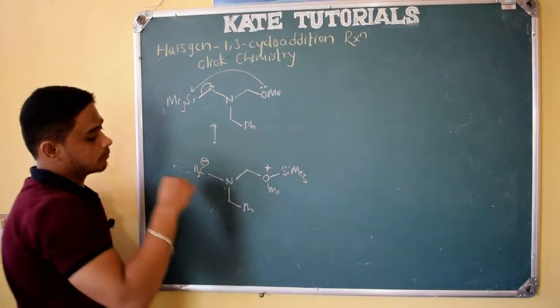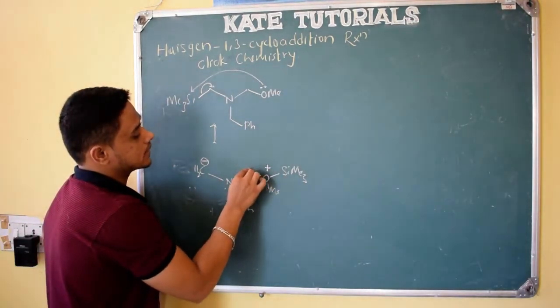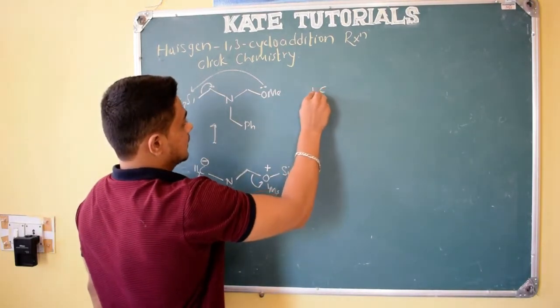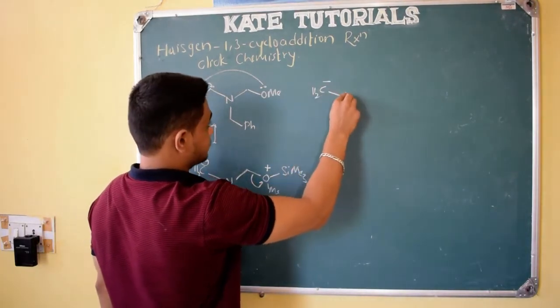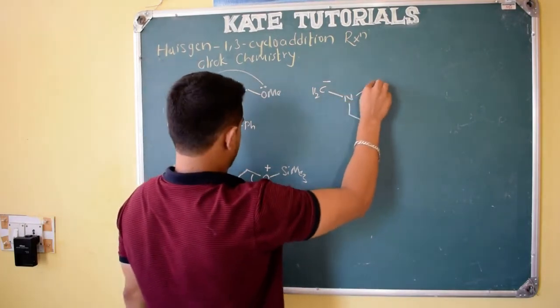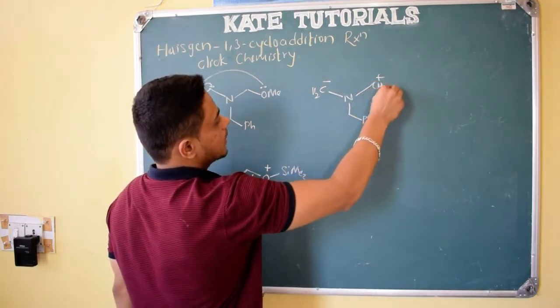And oxygen gets a positive charge. So oxygen takes the electron density from this carbon. So we will get a compound like this, CH2 minus N, Ph and plus charge. So see, this CH2 carbon is having a positive charge.